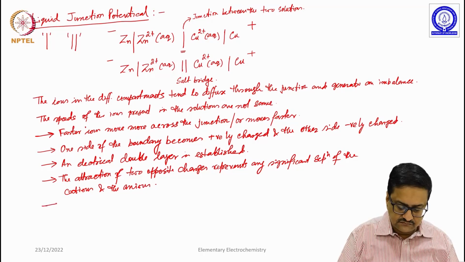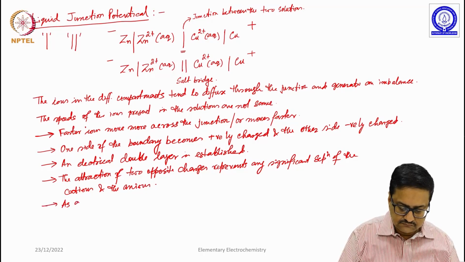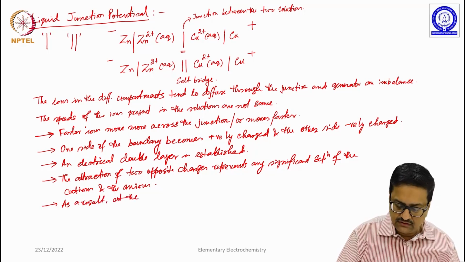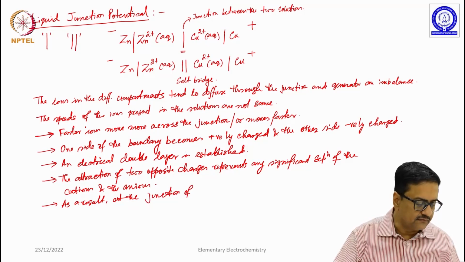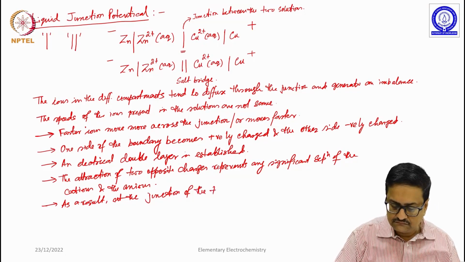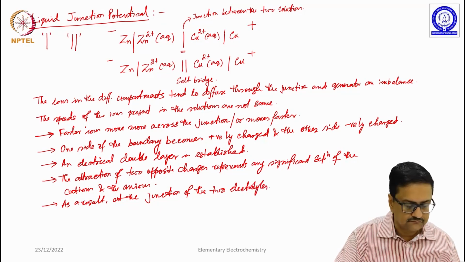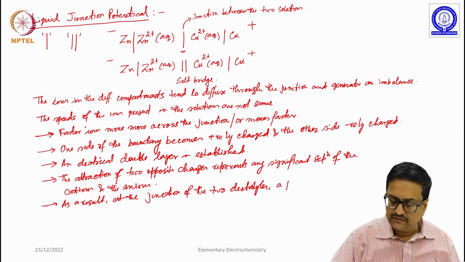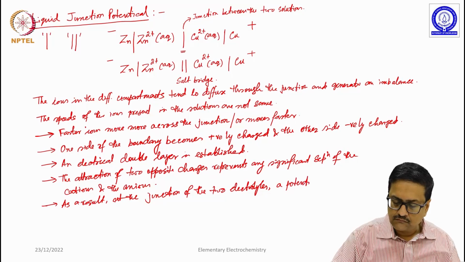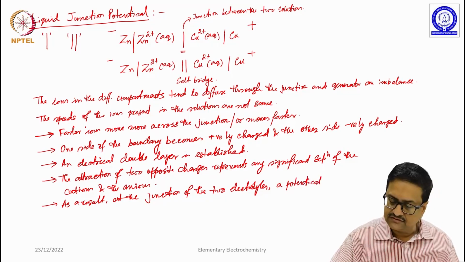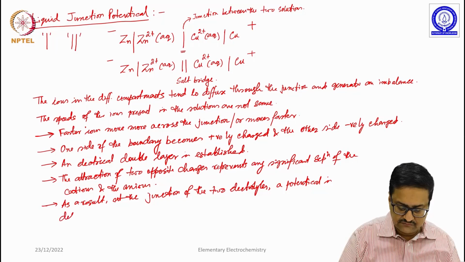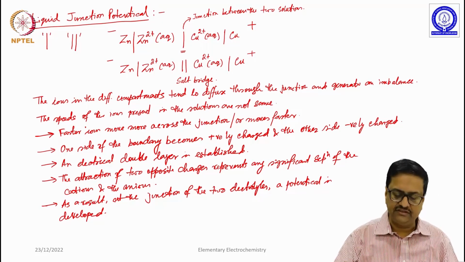So, as a result, at the junction of the two electrolytes, a potential is developed, and this opposes the potential of the cell.